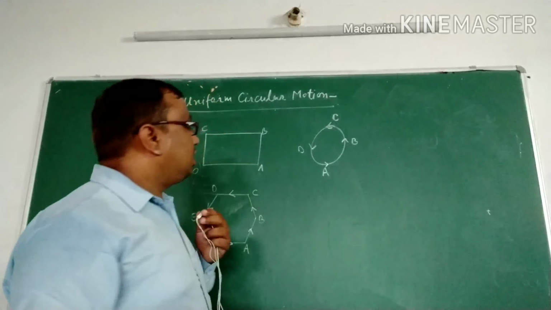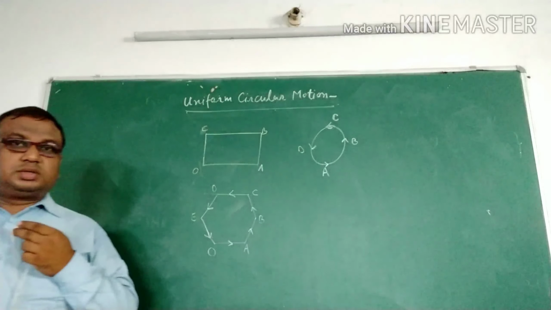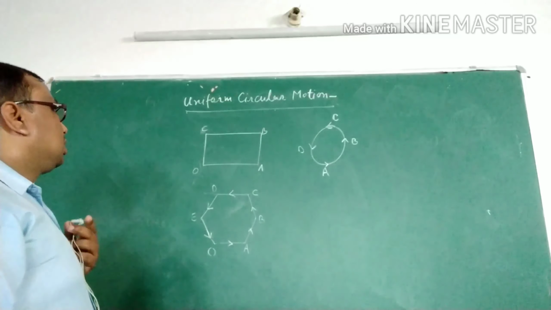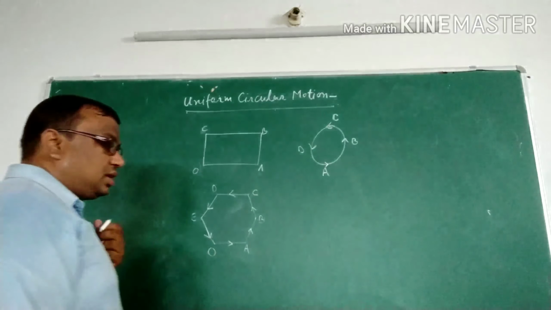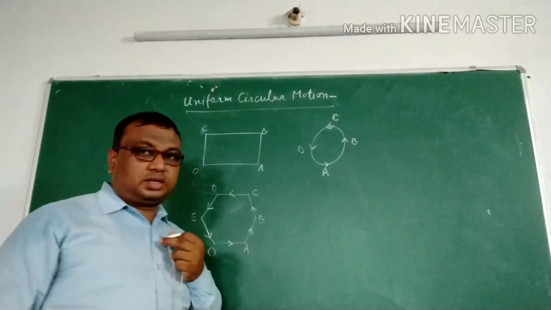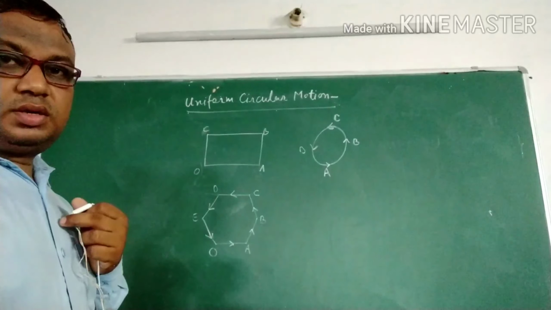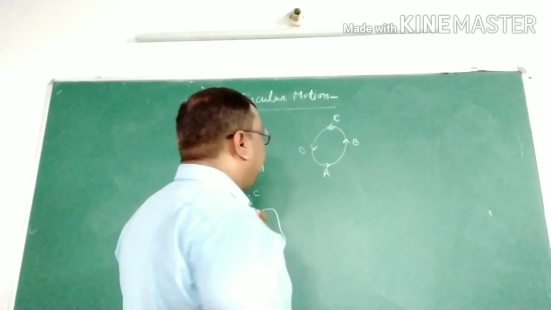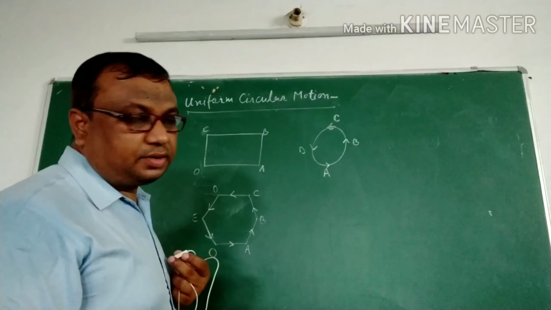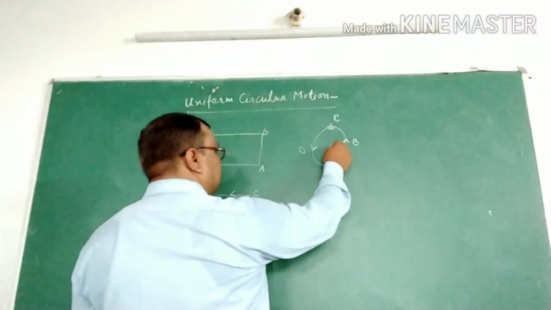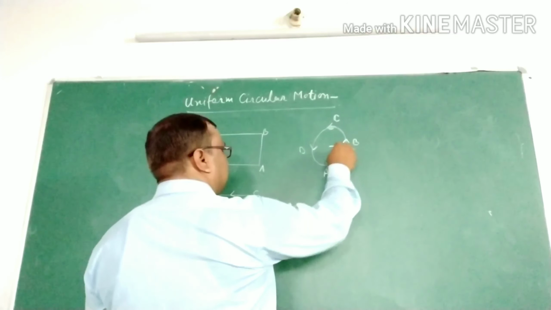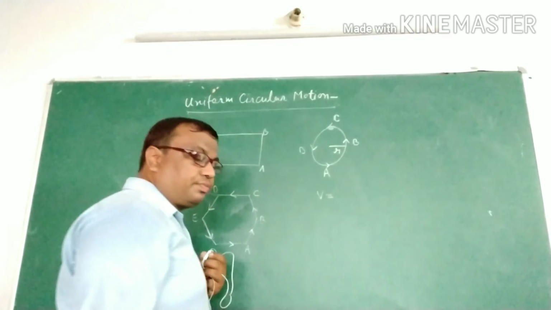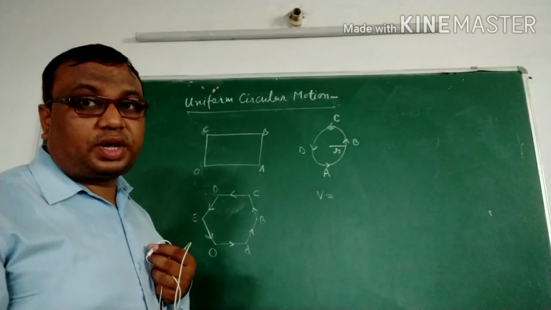So we define that an object is in uniform circular motion if its direction changes while its speed stays constant. Now if you find the velocity of that object, velocity means displacement upon time.